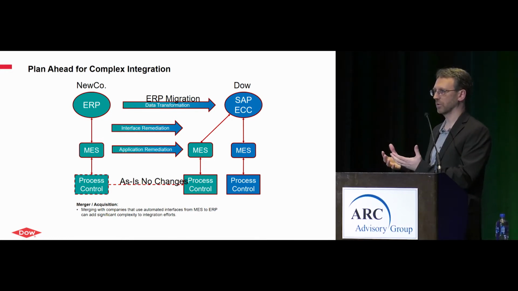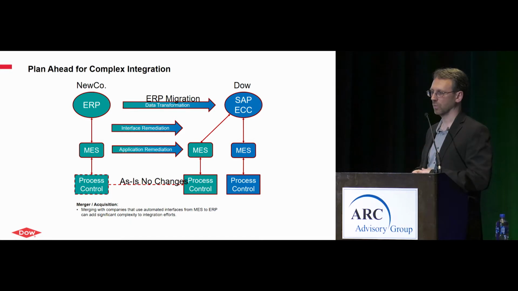And we had to figure out, do we populate those data stores? Do we need to provide a source of information somewhere else? And if so, then we need new interfaces. And so there's a lot of complexity around keeping that MES environment running as you do the transition from one ERP to the other.